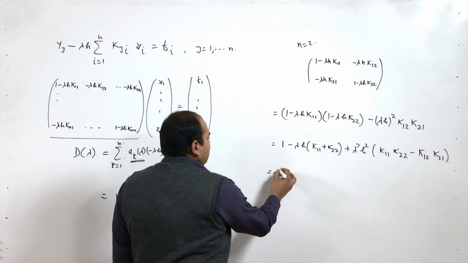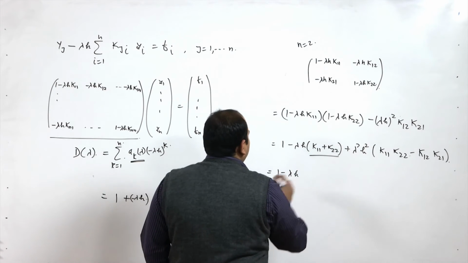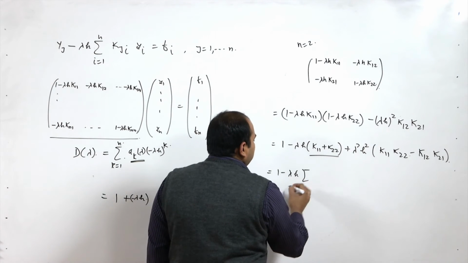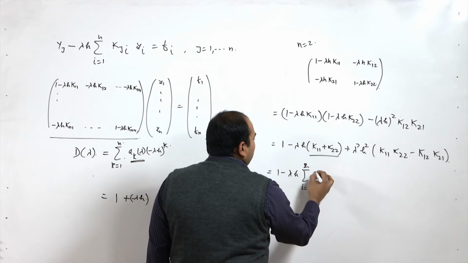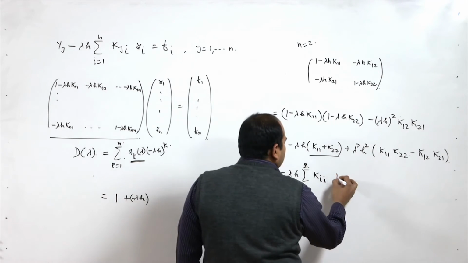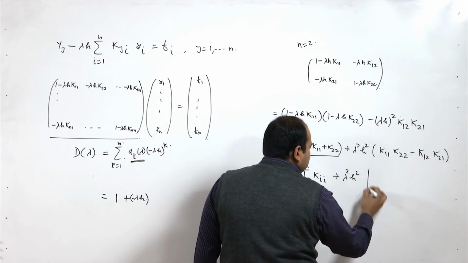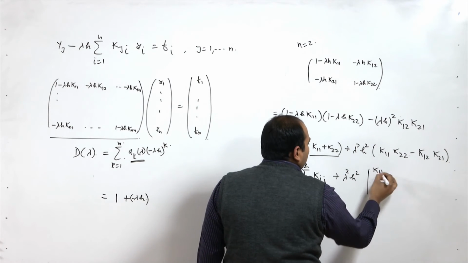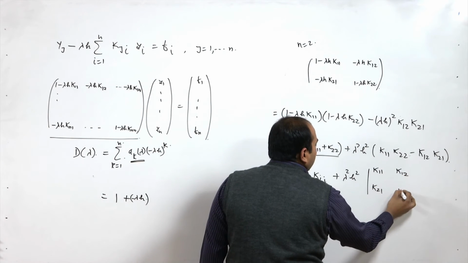So here I can say that it is 1 minus lambda h, and this is nothing but summation i equal to 1 to 2 of kii, plus lambda square h square, and this I can write as the determinant of k11 k12, k21 k22.